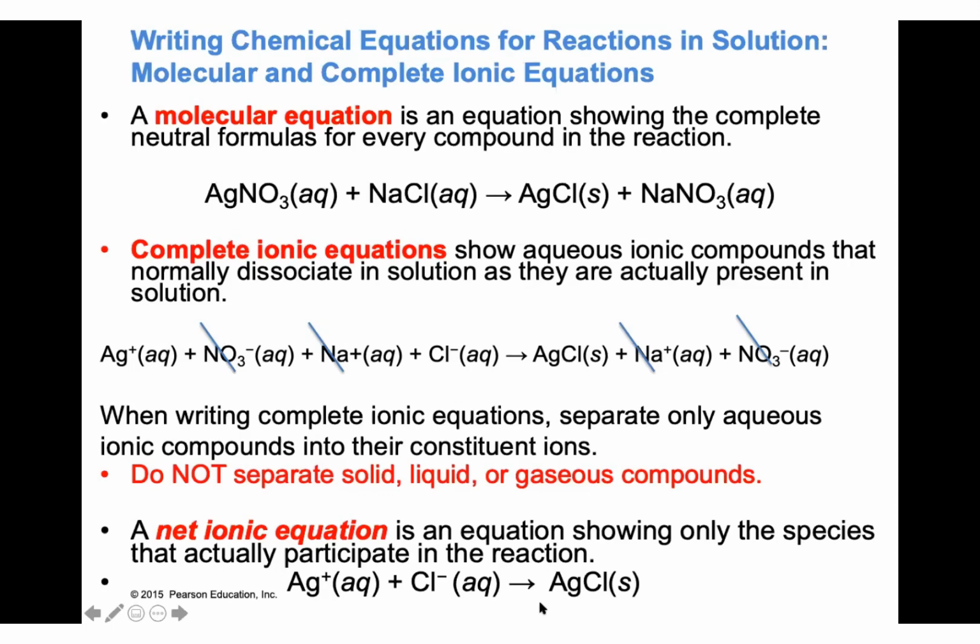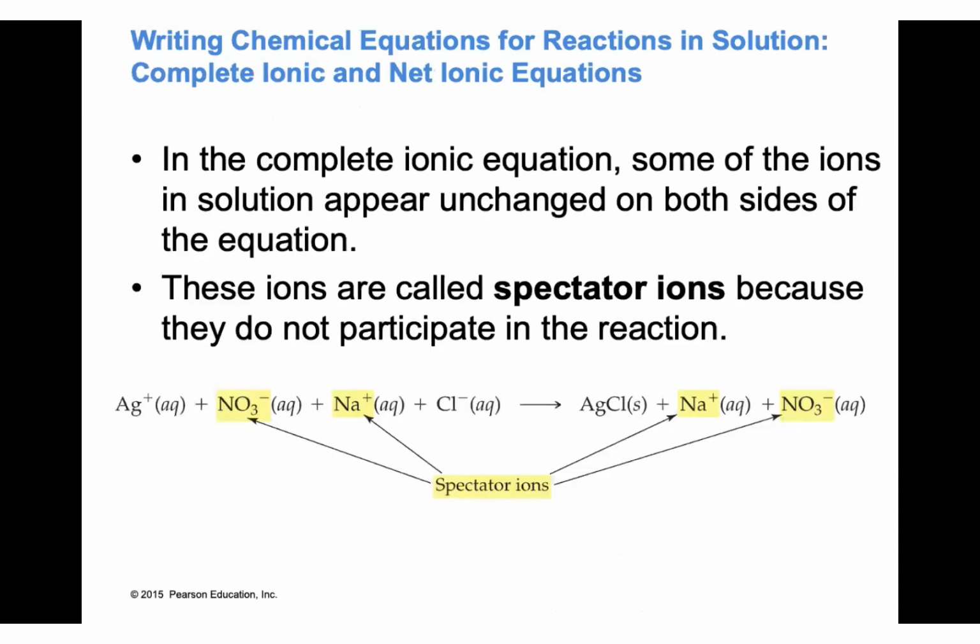So this is called the net ionic equation. This is what is really happening inside the reaction, because this is the solid that's formed. What is important for us is actually seeing what's happening. Here we see a precipitation happens.